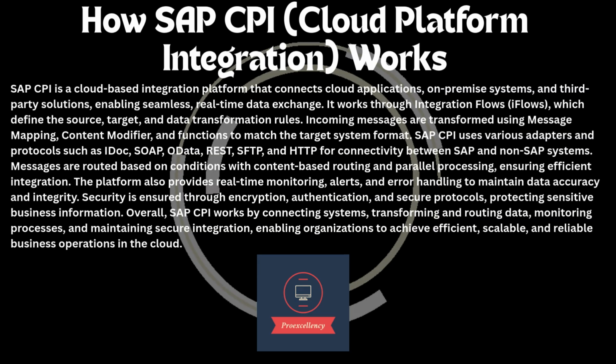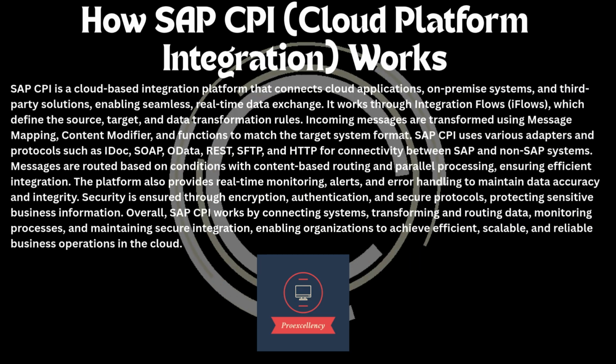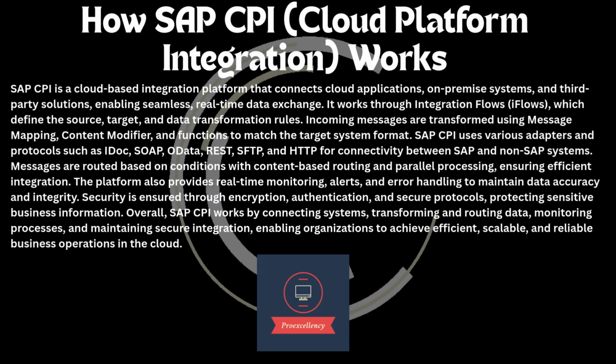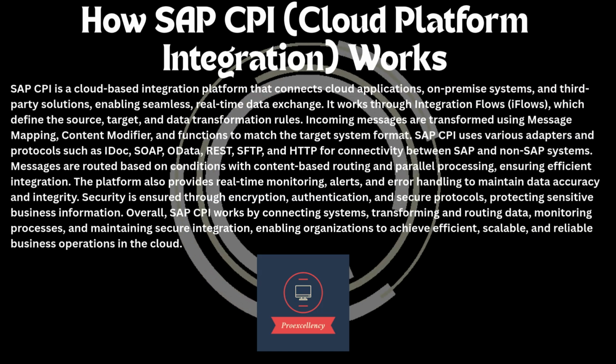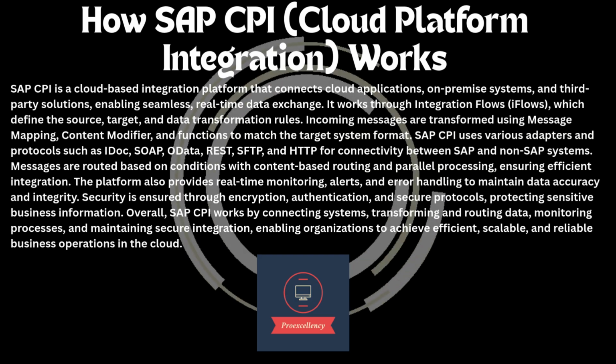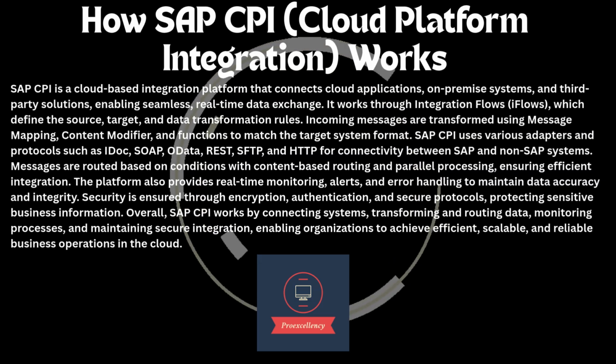Incoming messages are transformed using message mapping, content modifier, and functions to match the target system format. SAP CPI uses various adapters and protocols such as IDOC, SOAP, OData, REST, SFTP, and HTTP for connectivity between SAP and non-SAP systems.